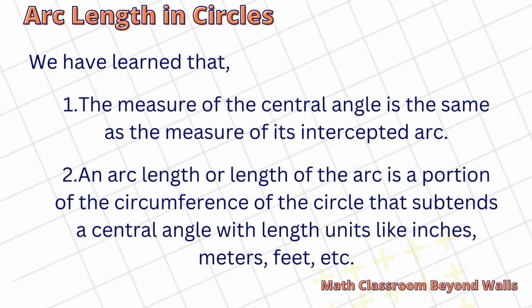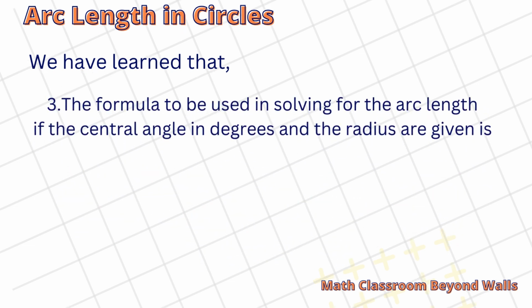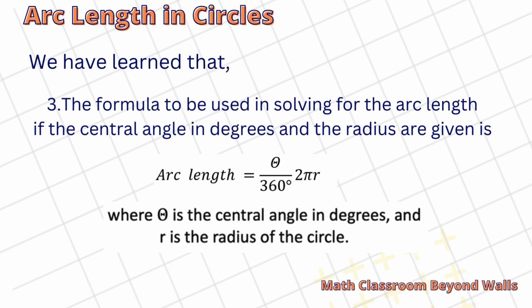Second, an arc length, or length of the arc, is a portion of the circumference of the circle that subtends a central angle with length units like inches, meter, feet, etc. The formula to be used in solving for the arc length, if the central angle in degrees and the radius are given, is arc length is equal to theta over 360 degrees times 2 pi r, where theta is the central angle in degrees and r is the radius of the circle.